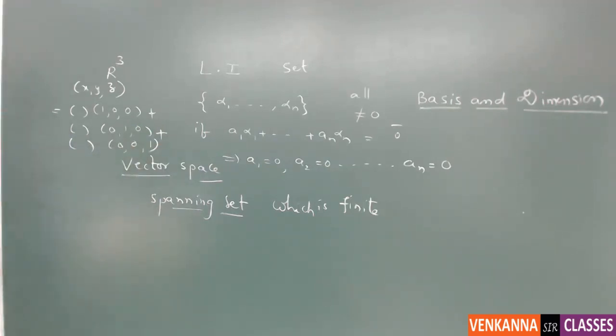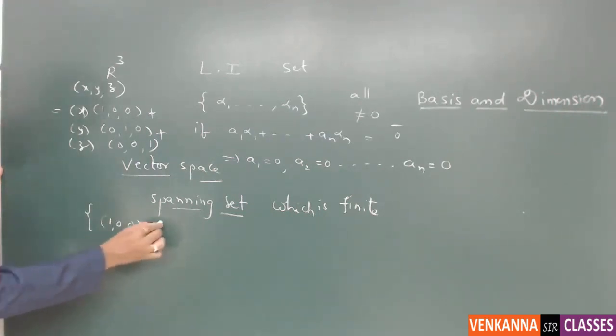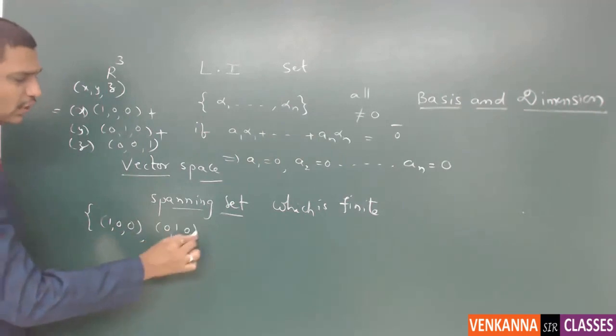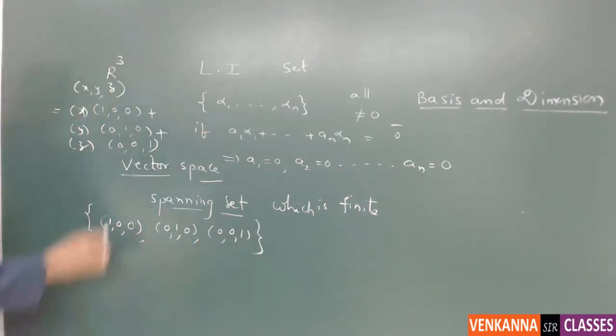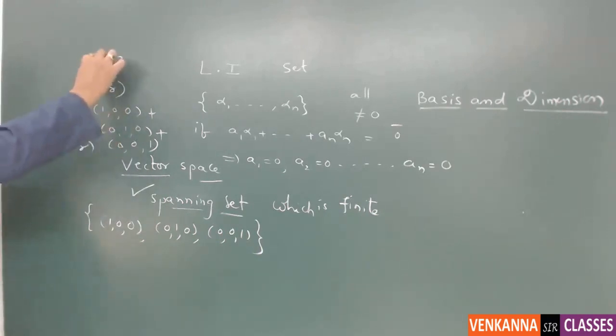That is, x into 100, y into 010, z into 001, where x, y, z are real numbers. So the set of vectors 100, 010 and 001 is a spanning set for the vector space R cube over R.